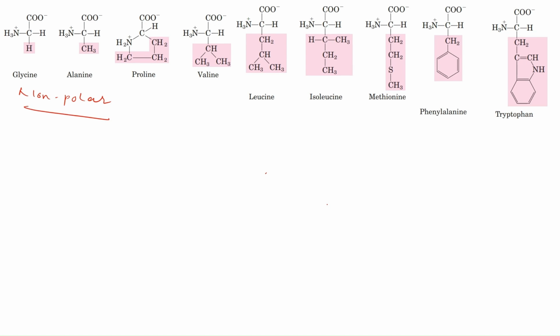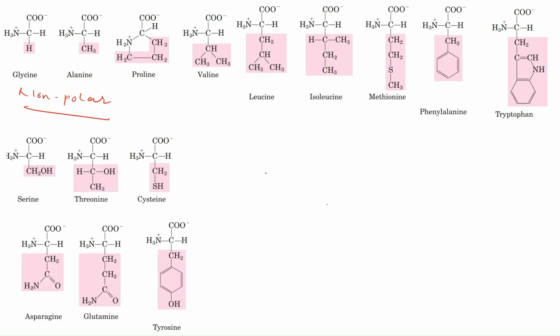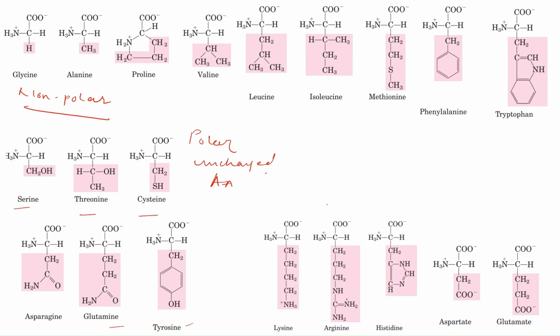The second group consists of polar but uncharged amino acids. It includes serine, threonine, cysteine, asparagine, glutamine, and tyrosine. The third group consists of polar and charged amino acids, which consists of lysine, arginine, histidine, aspartate, and glutamate.